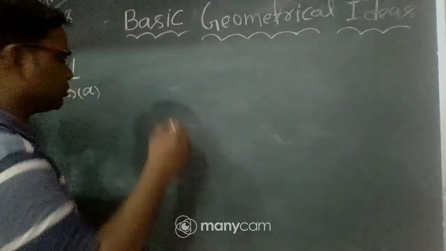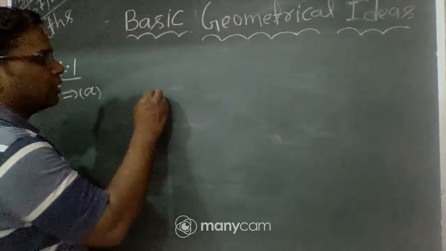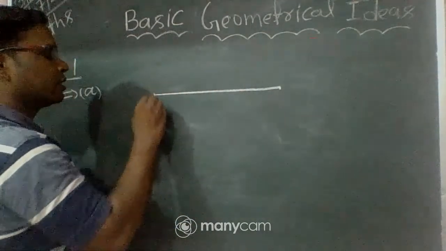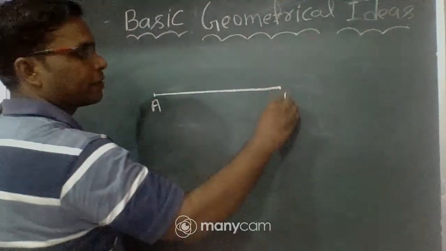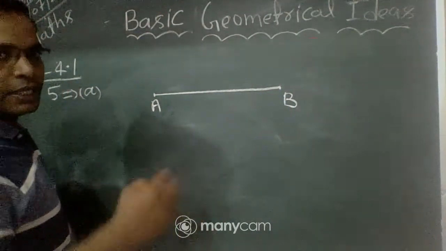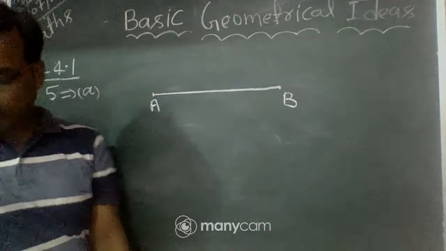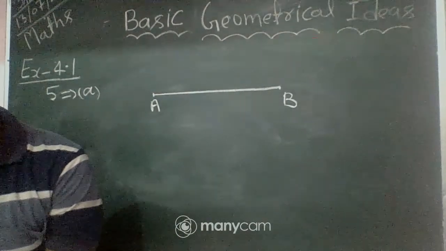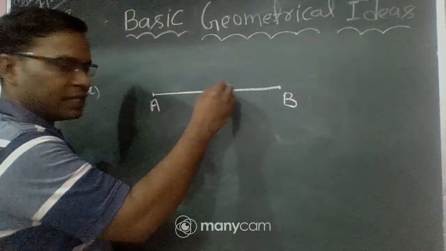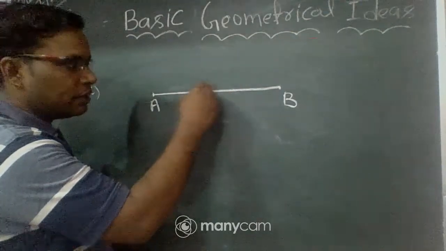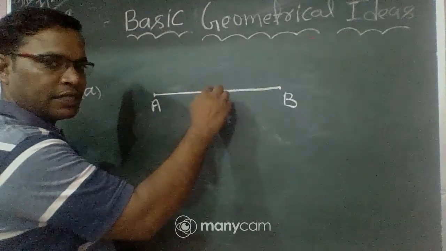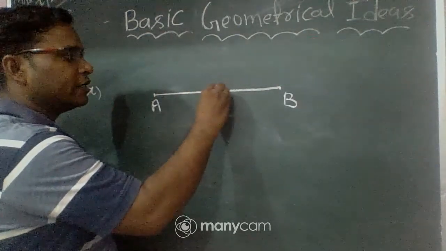So first we draw line segment AB, A, B. And point P lies on it. So we can take any point on the line segment. Here, this is point P.